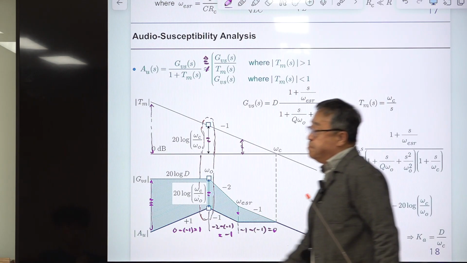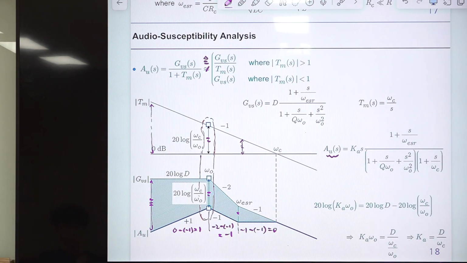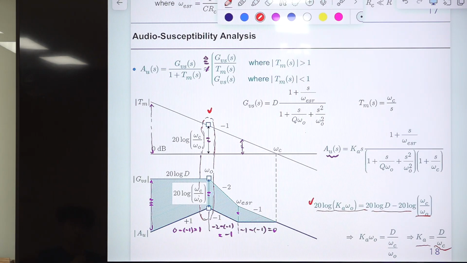So the expression for K1 is very easy to find out. Using this information around here, you obtain this, and from that equation you evaluate this, and this is an assumption, but it really doesn't matter.